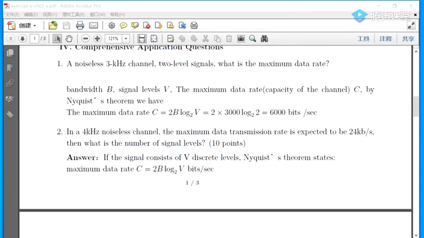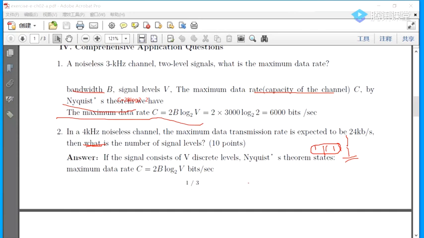The bandwidth is B, the signal level is capital V or capital M, and the maximum data rate, the capacity of the channel, is denoted by capital C. By Nyquist's theorem, the maximum data rate C equals 2B times log 2V.